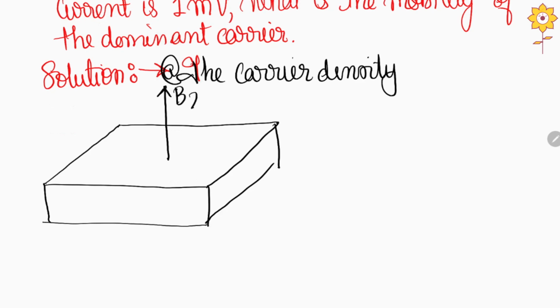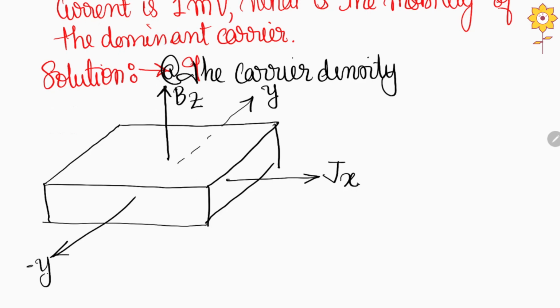So this is your Bz, this will be your Jx, and along this direction this is your plus y, and this is your minus y.